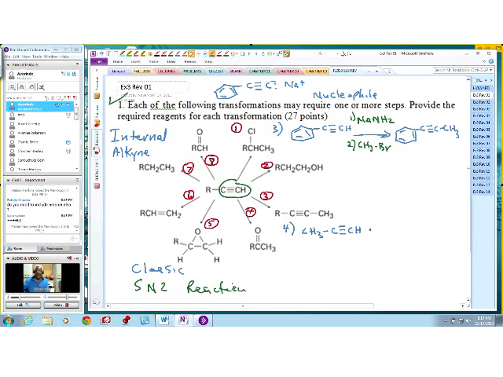Okay, supposing we use this, and then what they want us to do, they want us to make this. Actually, let me make this an ethyl group. Okay, so now they want us to make this.